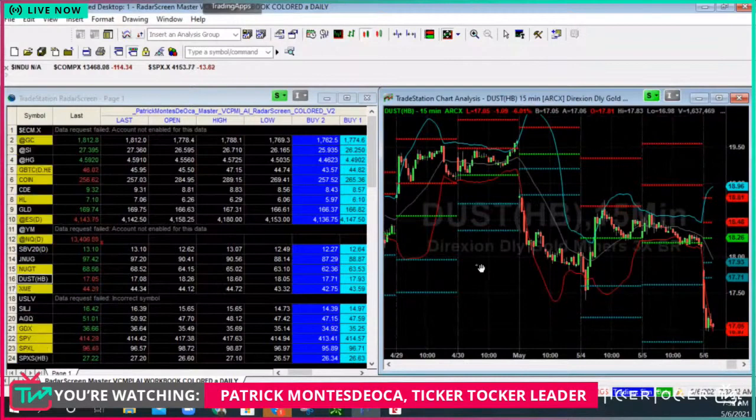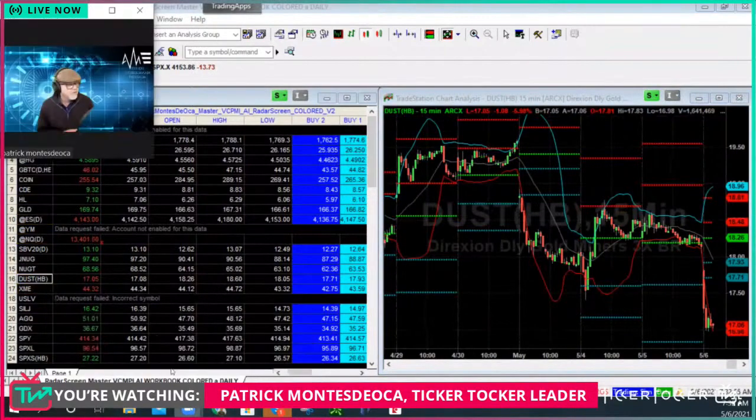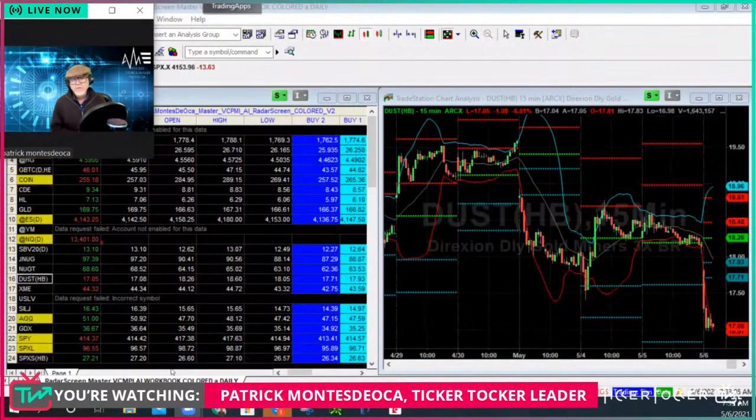So when it comes to the application of the VCPMI, obviously it depends upon your individual profile that determines pretty much how you manage your inventory, how you position your inventory, and how you manage the risk in that inventory.